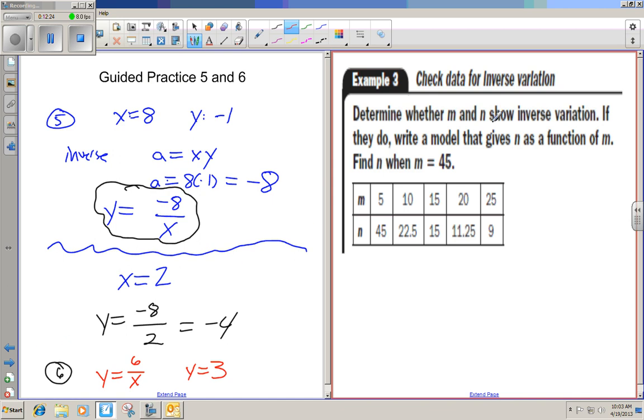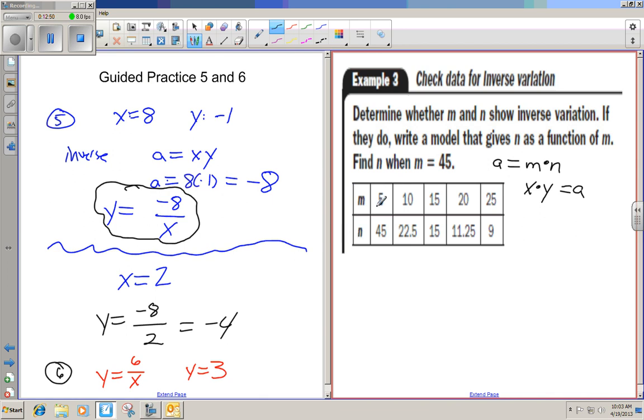All right, let's take a look at this data here. Determine whether m and n show inverse variation. If they do, write a model. So inverse variations have a constant of variation where their products are equivalent. I think we've been using x times y equals the constant, but here m times n.